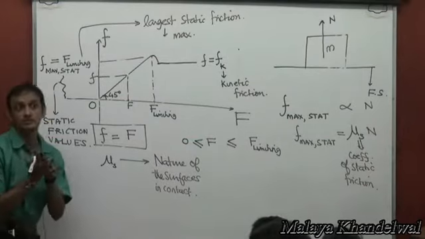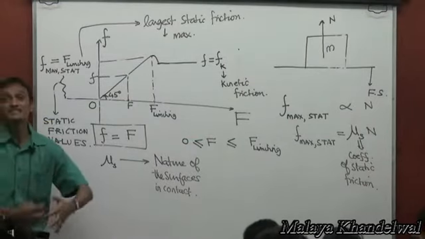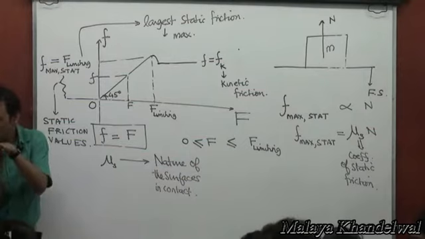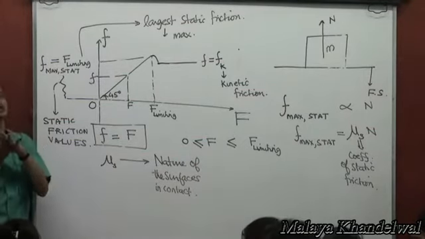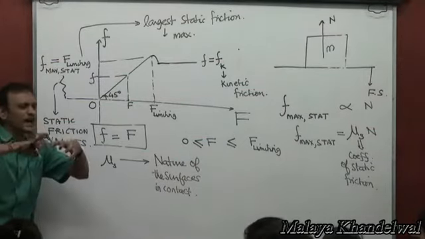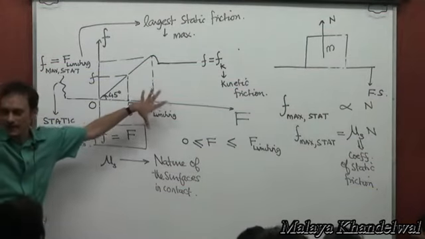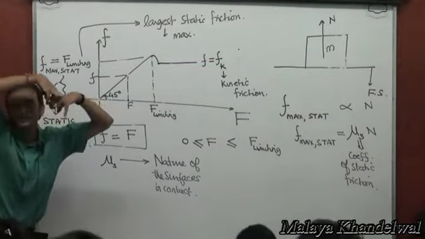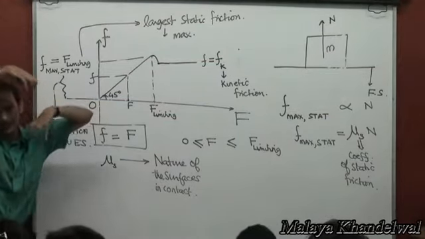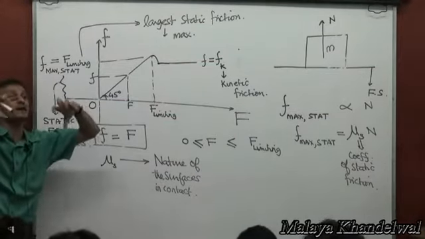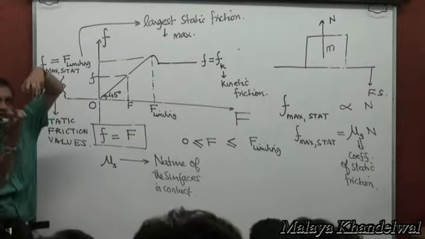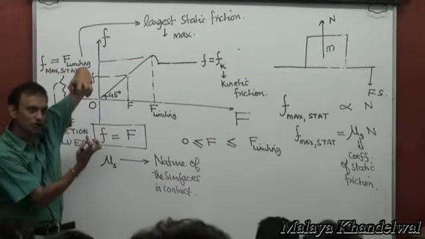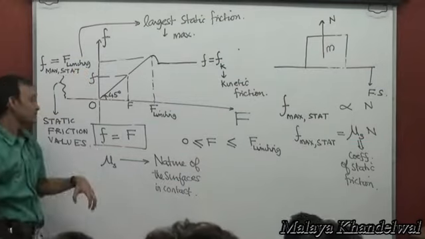If the two surfaces in contact have fewer undulations, those undulations are like those pins that I drew for you, those pins that create interlocking between the body and the surface, right? Those pins are a measure of the undulations, because those undulations act like pins interlocking the body with the surface, right?